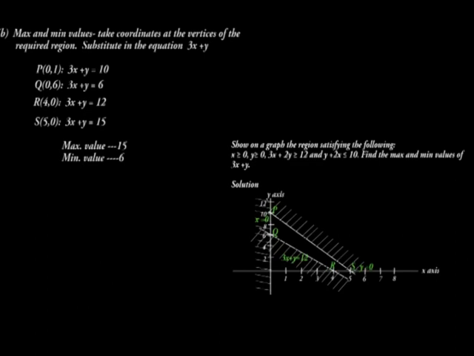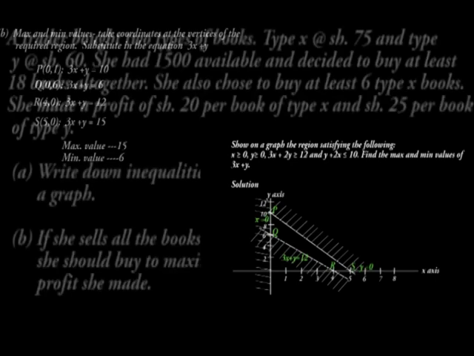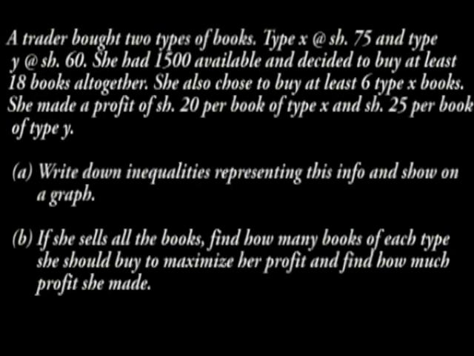We take a real example. A trader bought two types of books, type X at 75 shillings and type Y at 60 shillings. He had 1,500 available and decided to buy at least 18 books altogether. He also chose to buy at least 6 type X books.